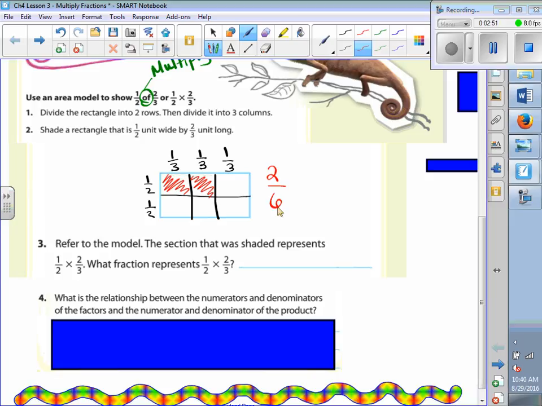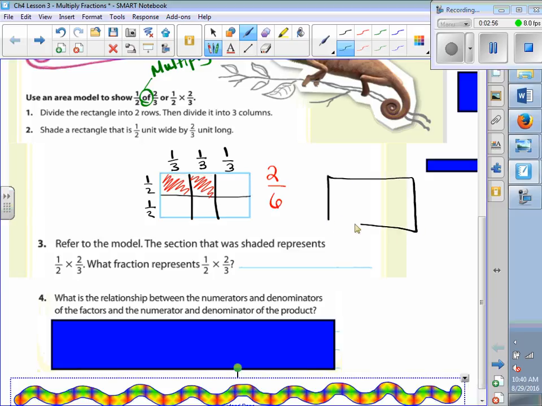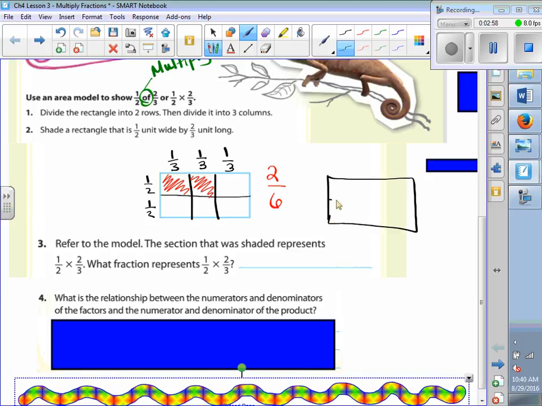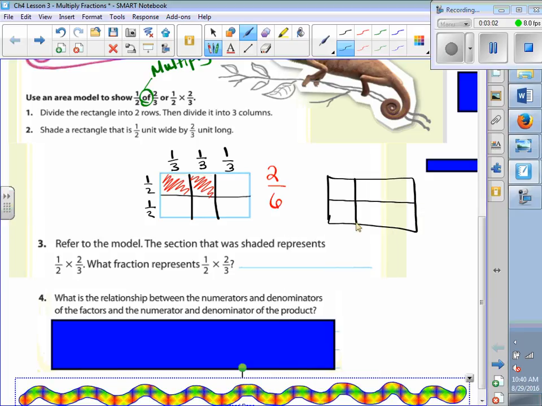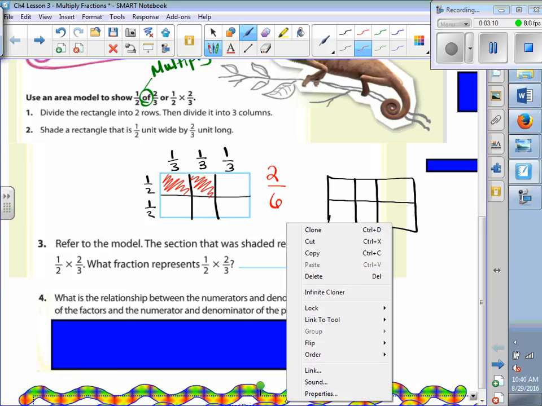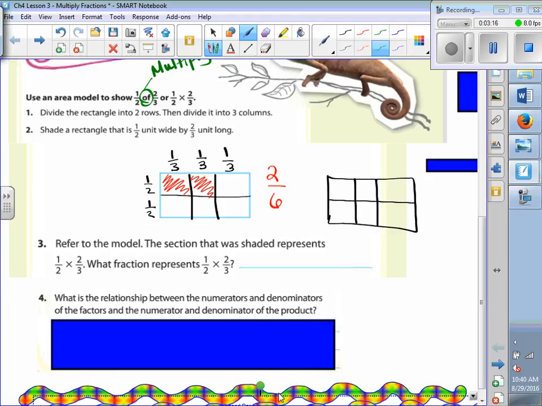Now, let's redraw this picture, okay? Let's say we have this picture again, and it looks like this. Now, I'm going to move these around, okay? So I'm going to shade here and here.